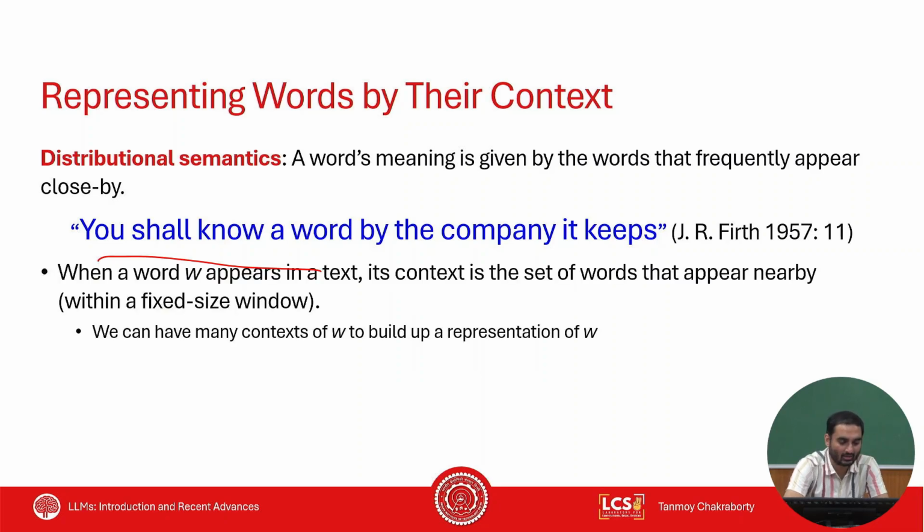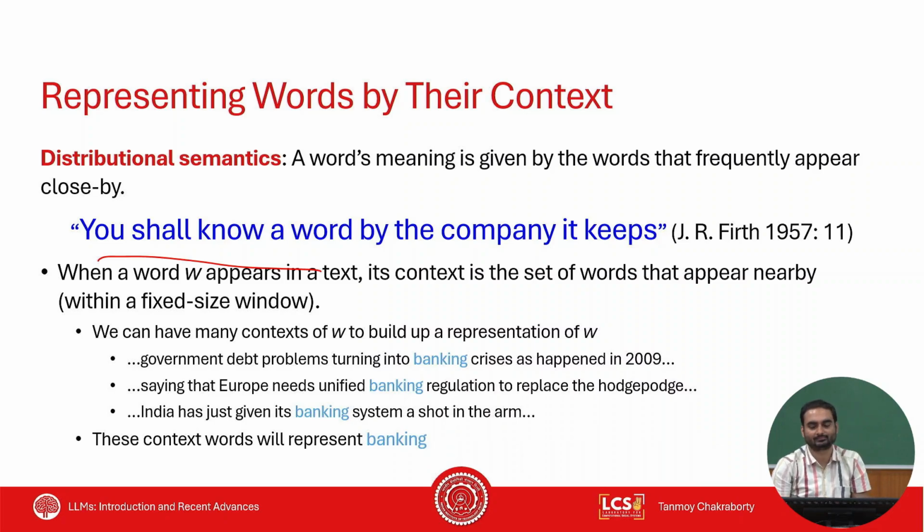Based on this philosophy, if you go back to old school NLP, people came up with many approaches. One simple approach is to look at the documents. You read the sentences in the document, and you look at the neighboring words of every word, and from the neighborhood you try to guess the meaning of that word. For example, the word banking.